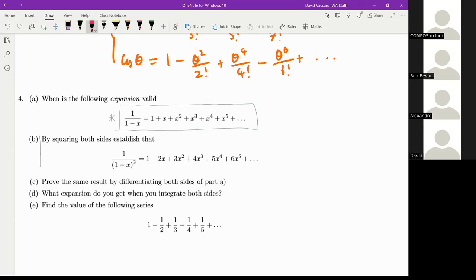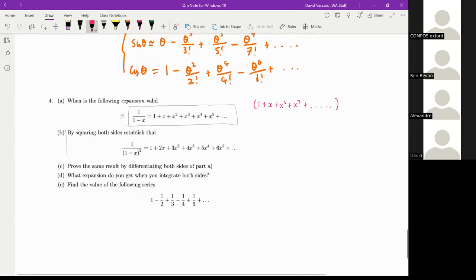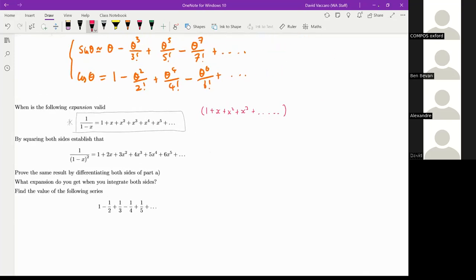So it asks me to square the series. So I'm going to try and square 1 plus x plus x squared plus x cubed plus dot, dot, dot forever. I'm just going to open the bracket quite systematically.